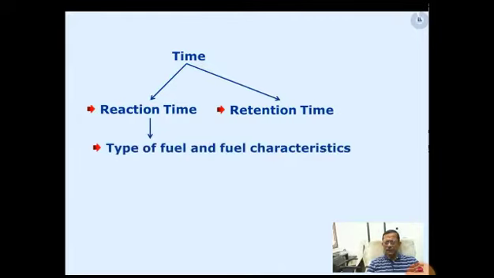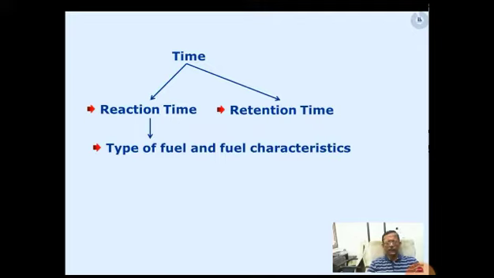One is the type of fuel and the fuel characteristics also. If I talk about the type of fuel, you see, gaseous fuel would take less time as compared to liquid fuel, and liquid fuel would take less time as compared to a solid fuel. So that is one thing which will depend on the type of fuel.